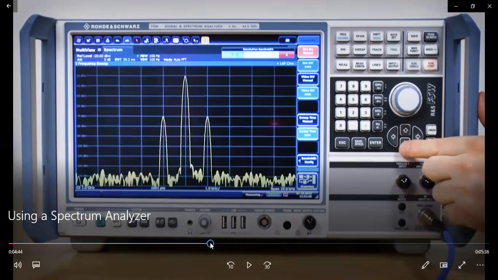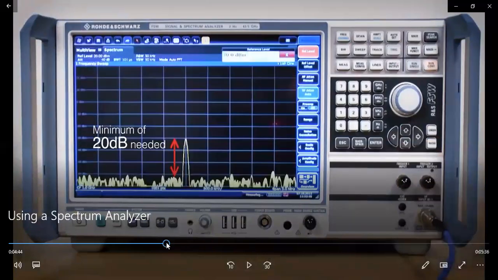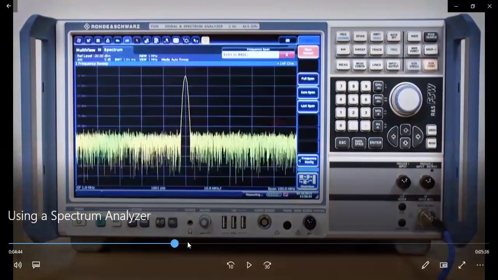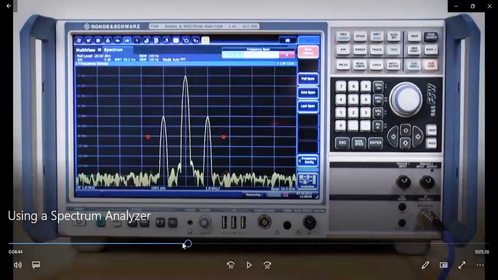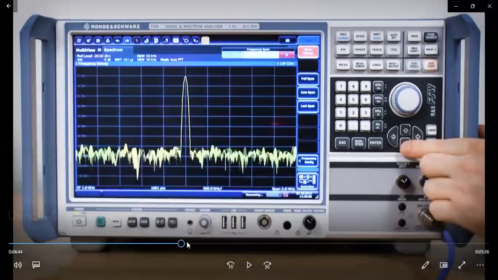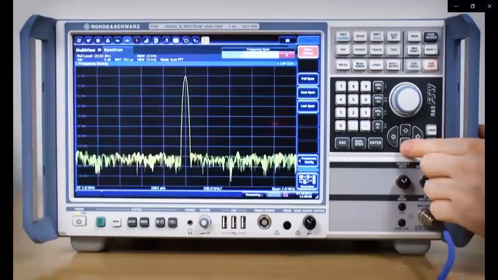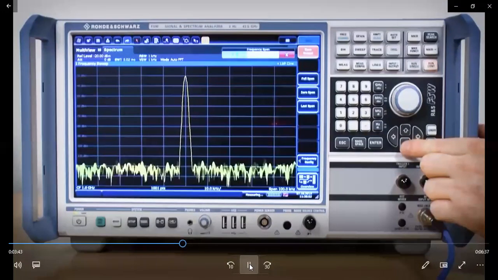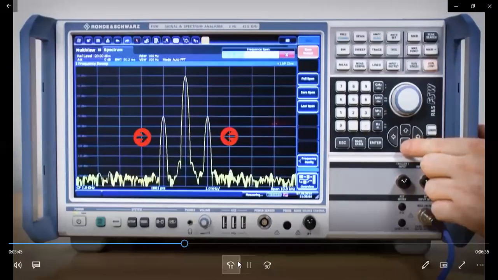Before that, we had a longer span. Also, just by reducing the span, you could find out the separation. Reduced, the spectrum analyzer scans a smaller bandwidth and the sidebands are seen.